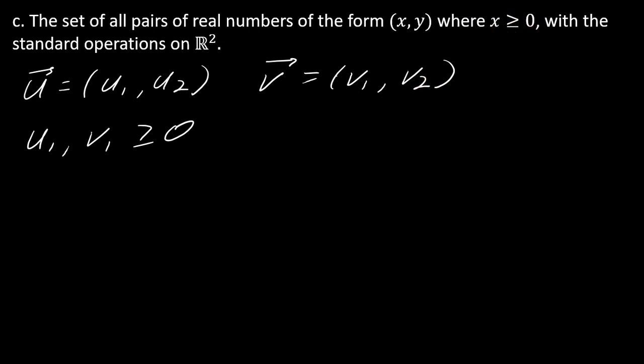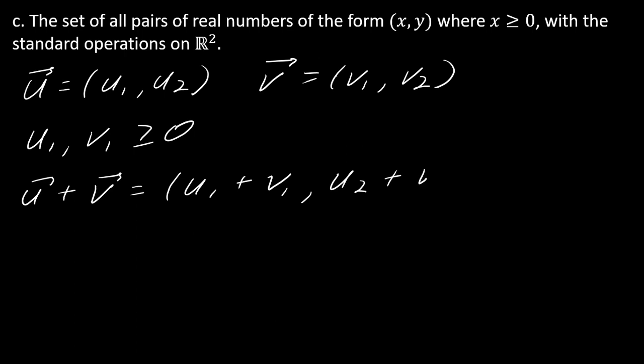So I'm fine for adding these two vectors. Adding two positive things together is going to stay positive. So axiom 1 is fine. And multiplying positive things by a scalar is also going to be fine. So these are not the issue. So axioms 1 and 6 hold.